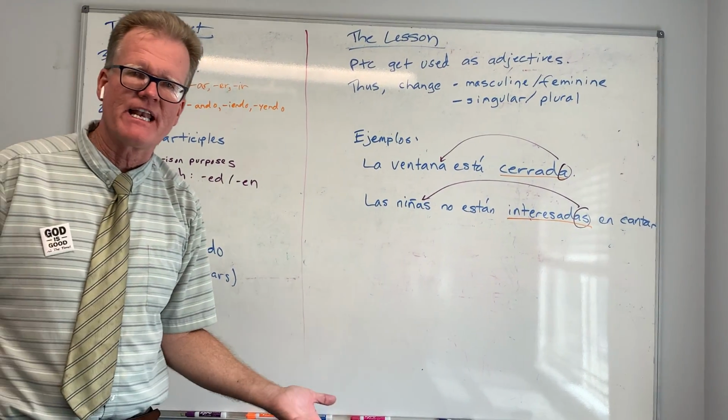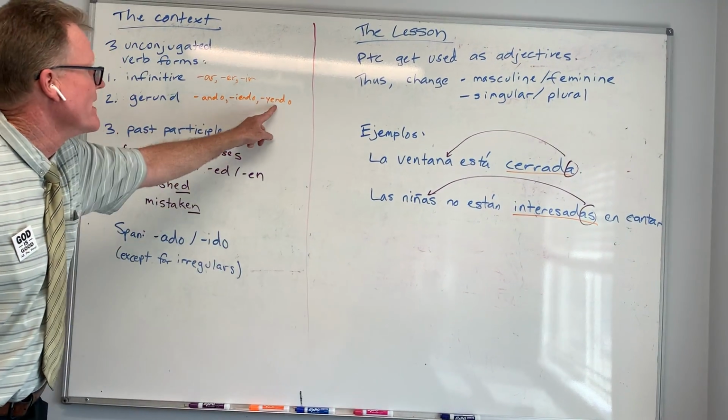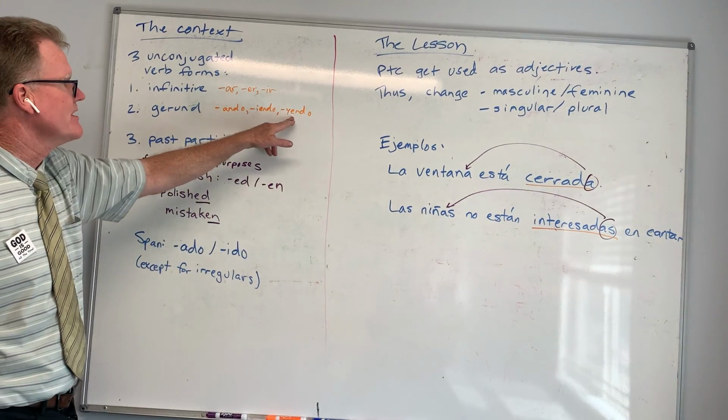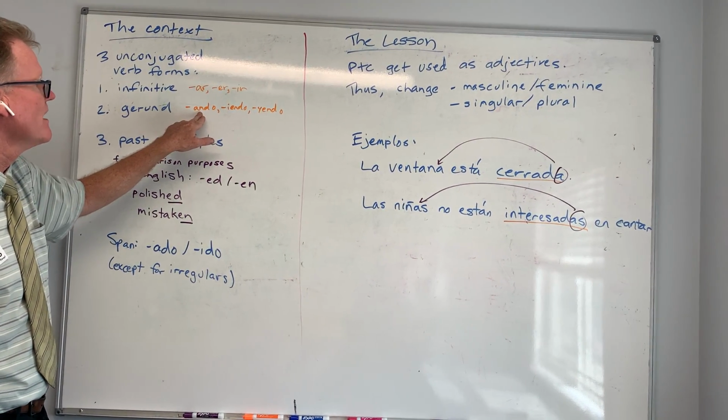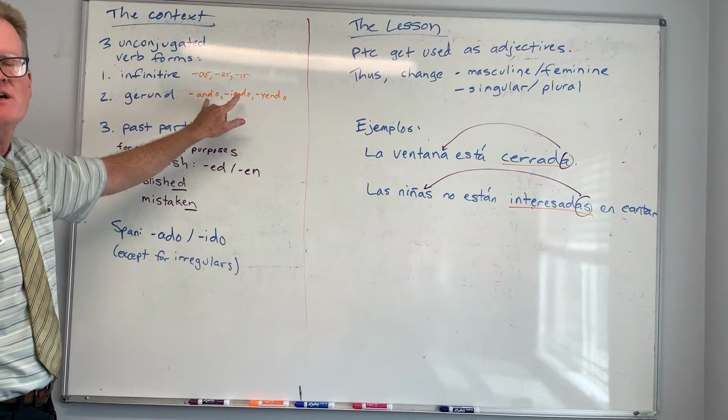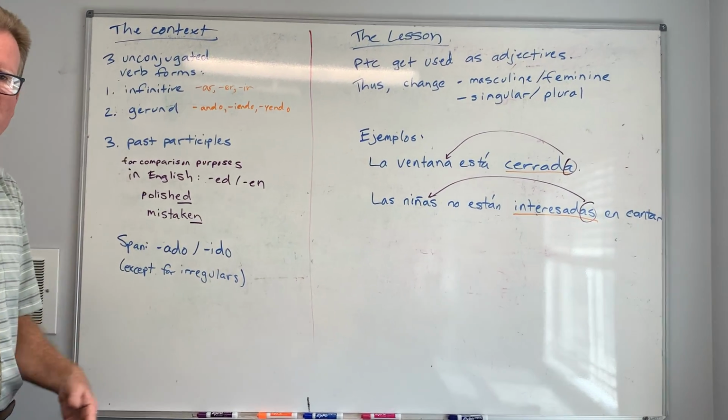I'm not going to explain that now, but this one is rare. You can go back and look at the lessons for when you see this rare form. Usually it's going to be either ando or iendo. So you recognize these. You say ando, iendo, oh, that's ing, that's a gerund. And so that's what you do.